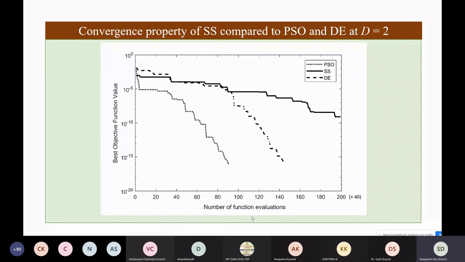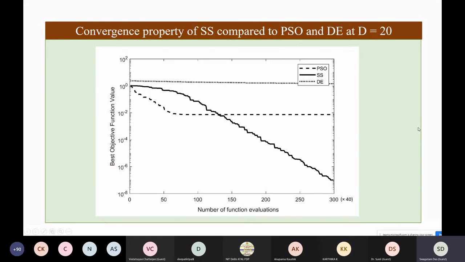That's why if you switch to 20 dimensions, now you can see how steadily the function curve is decreasing for the spherical search optimizer. So you see spherical search is decreasing it to much lesser values, which is good. And we are plotting this best objective function value in each iteration versus the number of function evaluations, not the number of iterations once again.